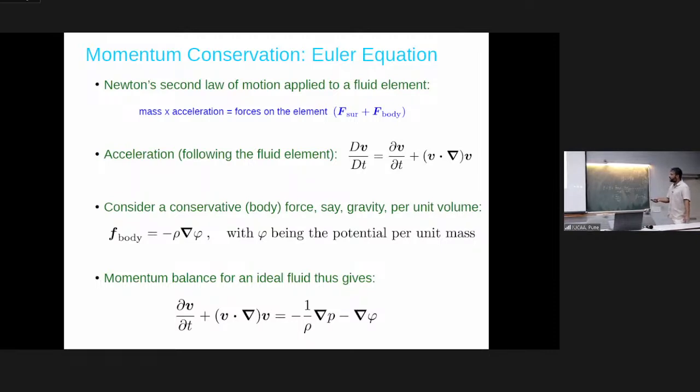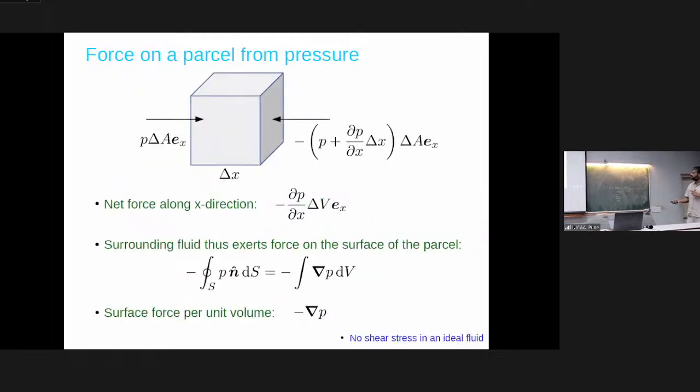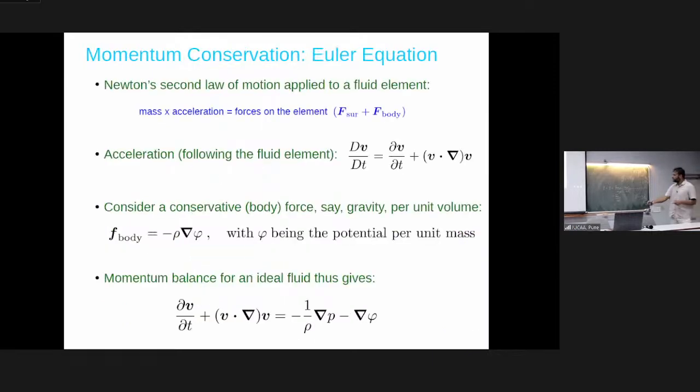If I divide everything by density, this is like acceleration, which is force per unit mass. Gradient P was force per unit volume, right? Surface force per unit volume was grad P. If I divide it by rho, I get surface force per unit mass. So convince yourself that this is all fine. For the body force per unit mass, I just remove this rho, so grad phi is force per unit mass.